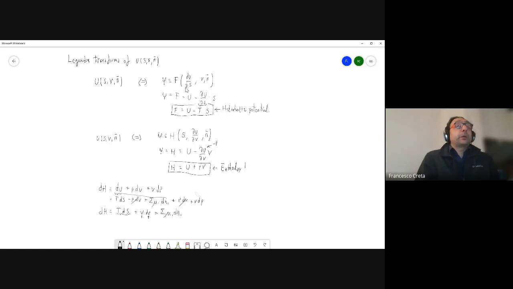And with this trick, we can derive a number of equivalent so-called thermodynamic potentials.